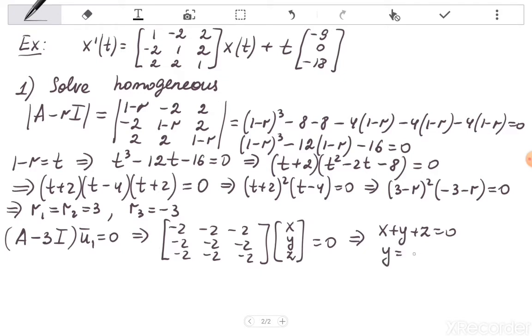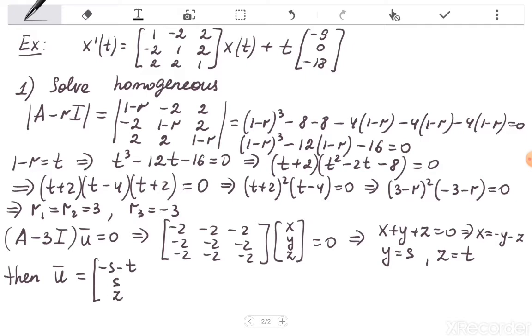So if, let's say, y is s and z is t, then the vector u1, let's call it just vector u, because u1 and u2 will correspond to r1 and r2. So vector u: x is now minus y minus z, and y is s and z is t, so minus s minus t.